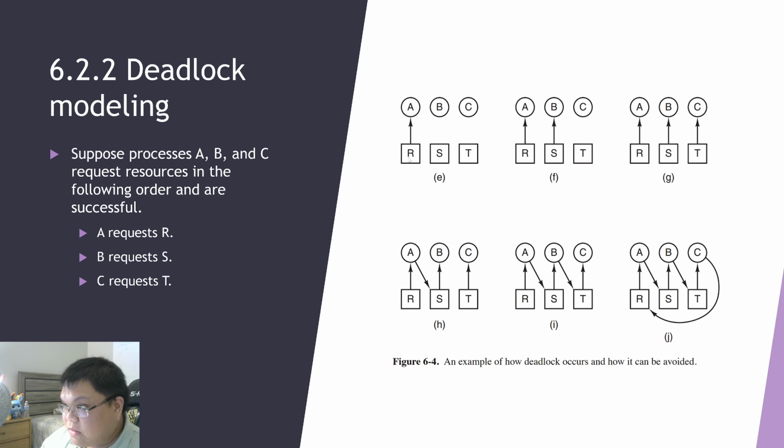So, process A requests resource R. Process B requests resource S, and process C requests resource T. And now we have resources R, S, and T allocated to processes A, B, and C. Process A also needs resource S, but process B also needs resource T. And then process C also needs resource R. And now we have a loop.